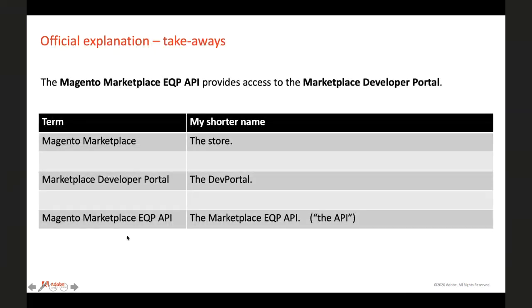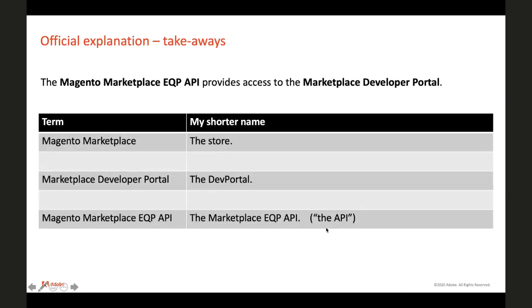And then the overall topic for this whole presentation is the Magento Marketplace EQP API. Because we're already in the context of Magento, the actual name for this API is just the Marketplace EQP API. But in this presentation, I'll refer to it as simply the API.